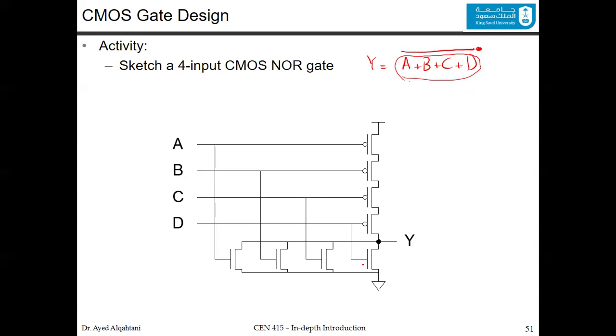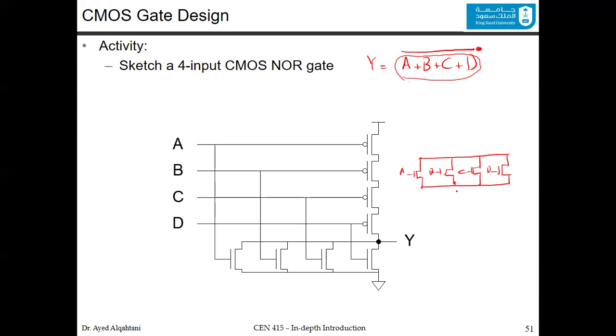And by the way, let me draw it again here so you understand how to connect transistors in parallel. You draw the transistors one by one, so you have A, B, C, and D. For all of them, you connect one terminal together and you connect the other terminal together.